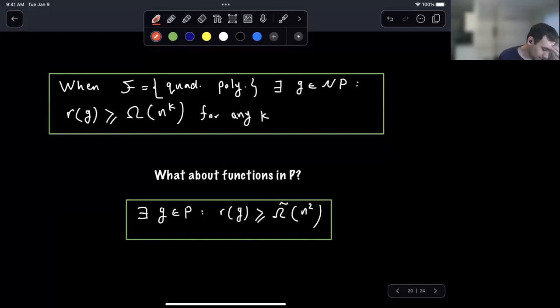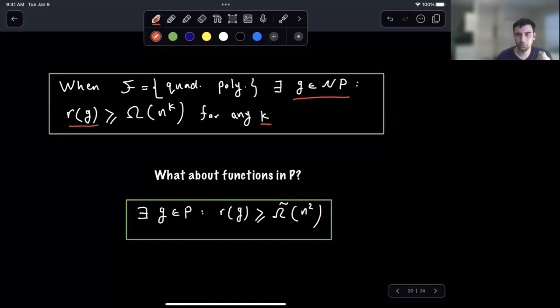There is a result by Ryan Williams, who proved that for any k, you can find a function g in NP such that the r I defined in the previous slide is omega of n to the power k.